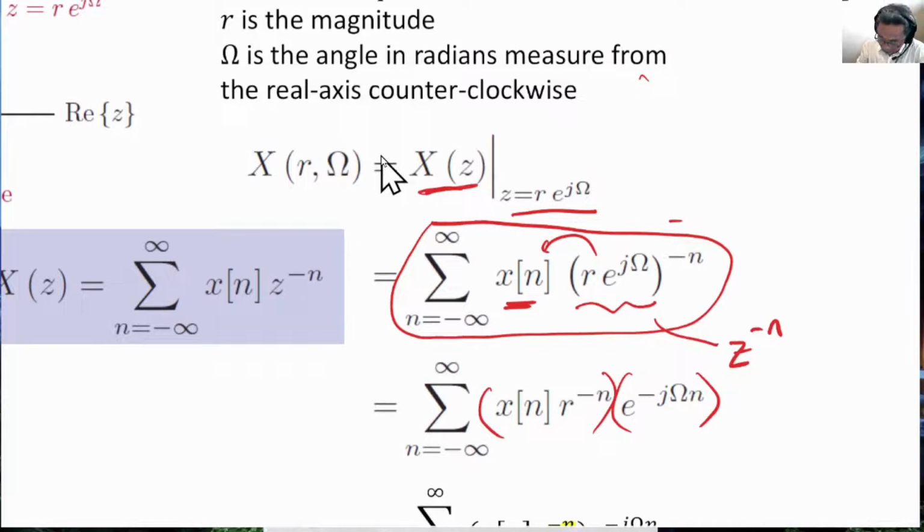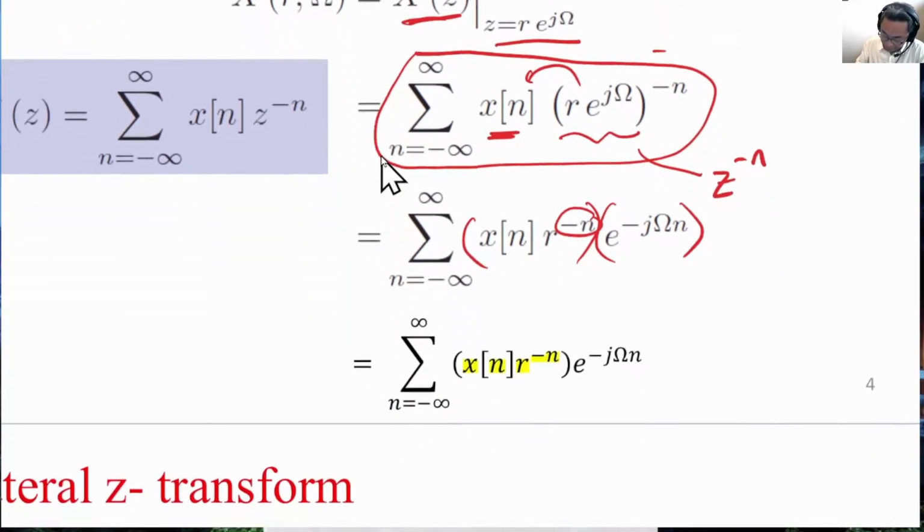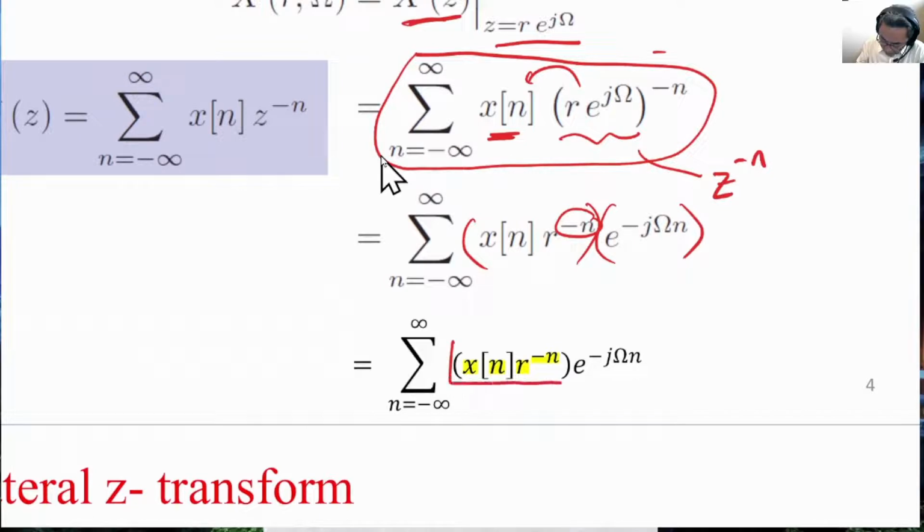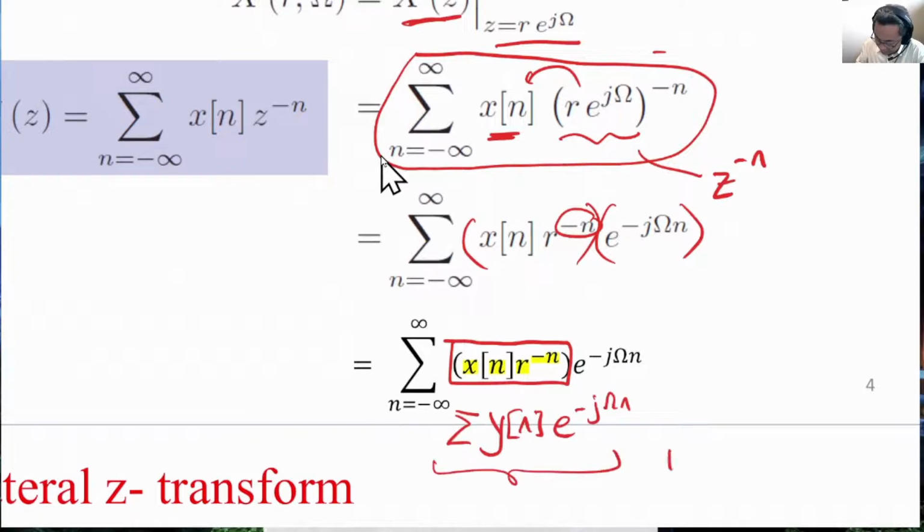So this is x[n] times r to the power minus n multiplied by e to the power minus jωn. This looks very familiar. This is a signal. For example, let's call this y[n], times e^{-jωn}. Later on, you'll realize that this is the discrete-time Fourier transform of y[n].